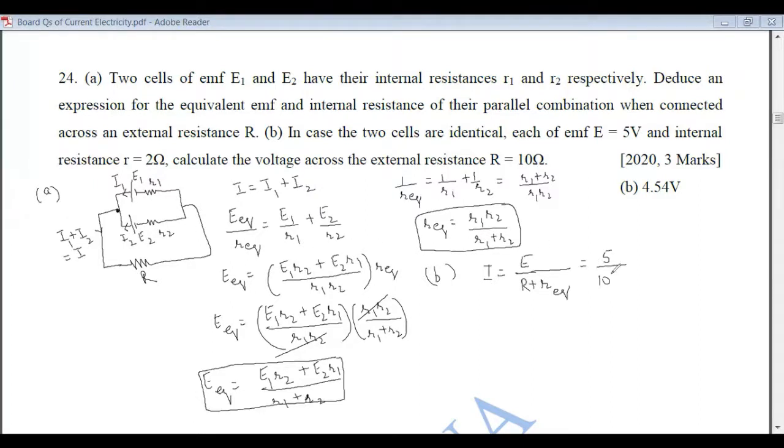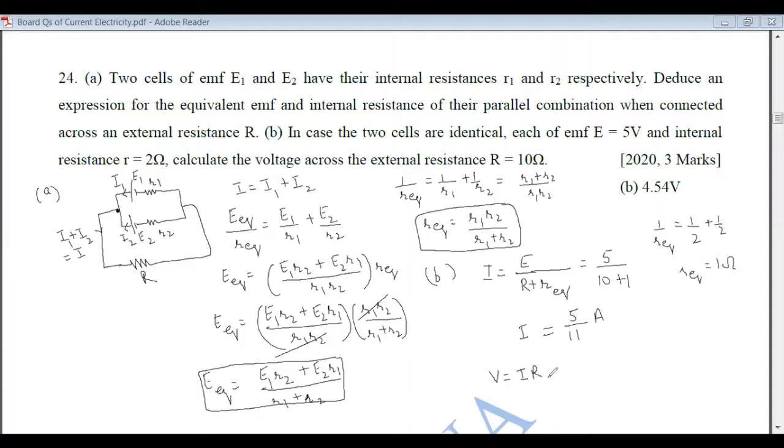So the equivalent will be, 1 upon R equivalent is equal to 1 upon 2 plus 1 upon 2. So R equivalent is equal to 1 ohm. Hence the current is 5 upon 11 amperes. Here we have to find out the potential difference. We know that V is equal to I into R across the external resistance.